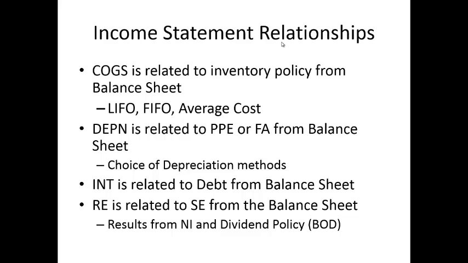Now, the retained earnings additions result from net income. It comes from profit, but it also comes from our dividend policy. Whatever profits we make, we can either pay them out as dividends, and then we keep what's left over as retained earnings.